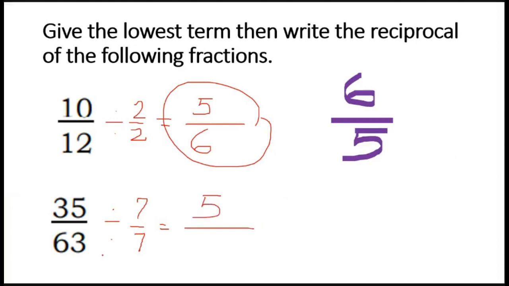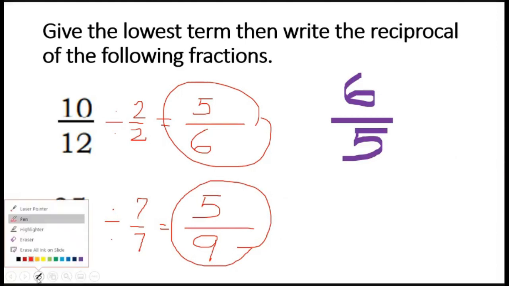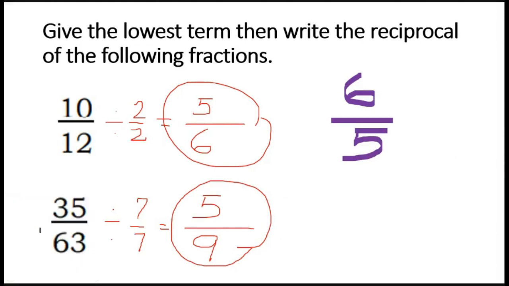And then 63 divided by 7 is 9. That's the lowest term. Okay, and then let's have the reciprocal. 9 over 5. That's it.